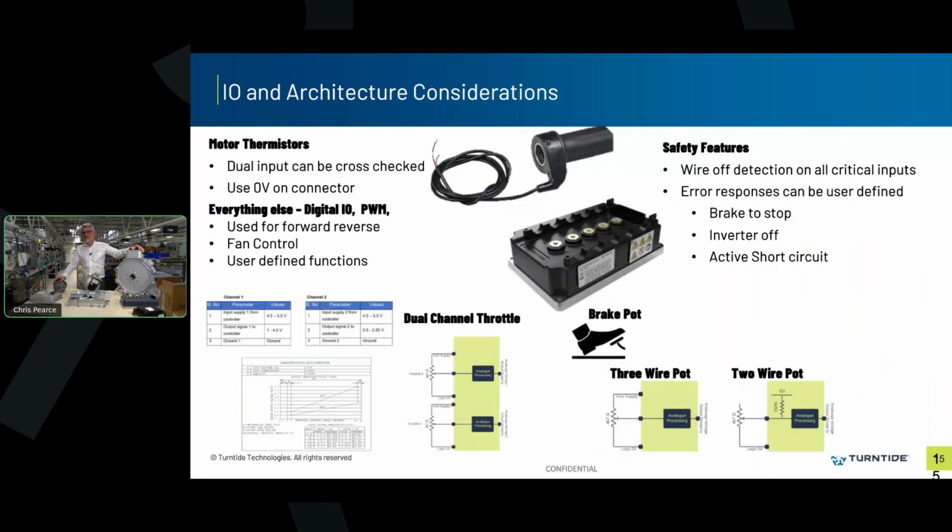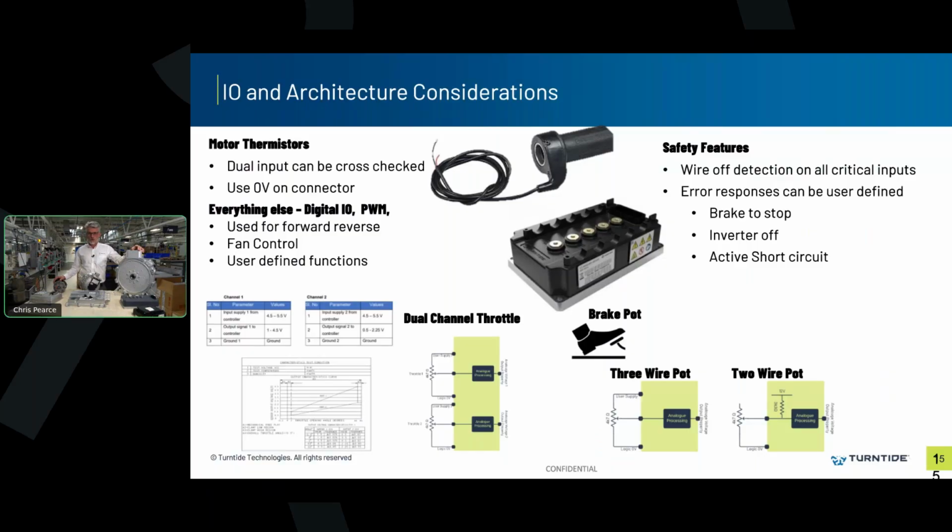So just a little deeper dive into some of the sensors that we might see. Motor thermistors: we've got dual input motor thermistors, which we can use to cross-check for safety. Dual channel throttles with full plausibility check on both channels and redundant fallback on a single channel.